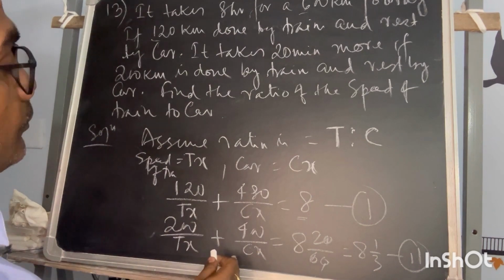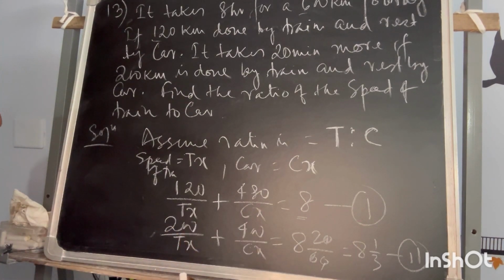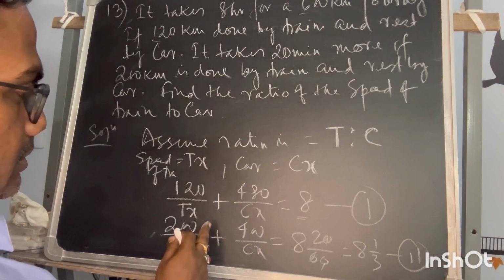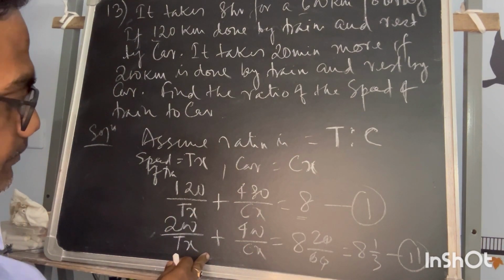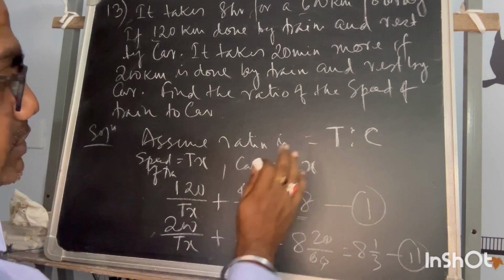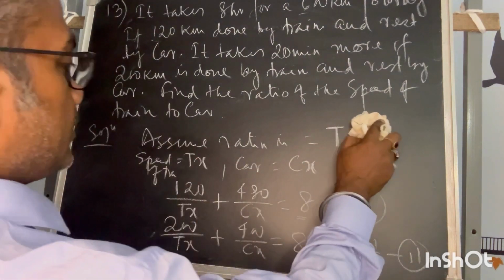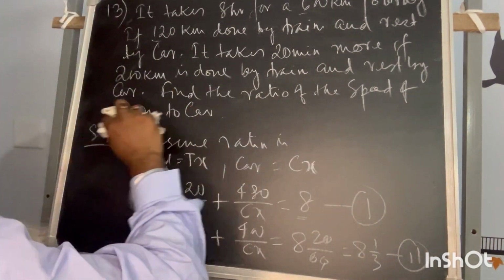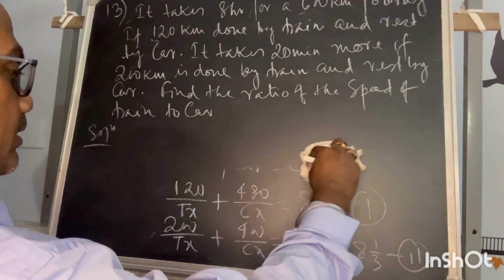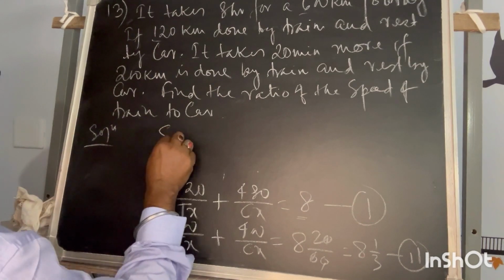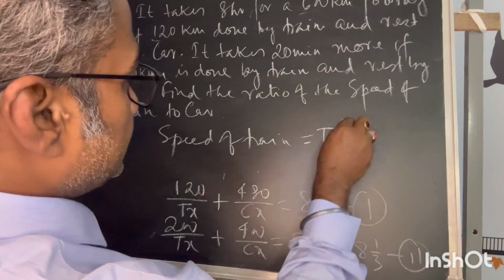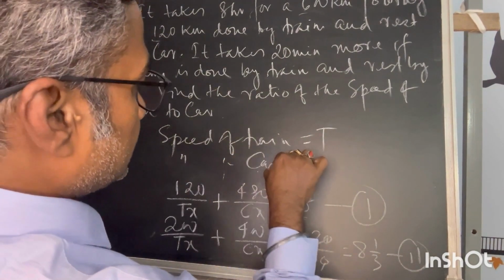Now from these two you have to solve. Because we are getting two equations with three unknowns t, c and x, if I want to reduce one variable, straightaway I will take the speed of the train as t and the speed of the car as c instead of the ratio.